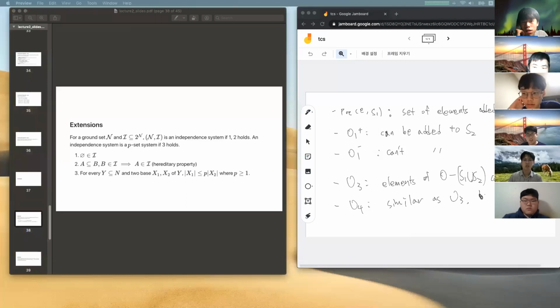I can't give an example now. I don't think of any intuitive examples.